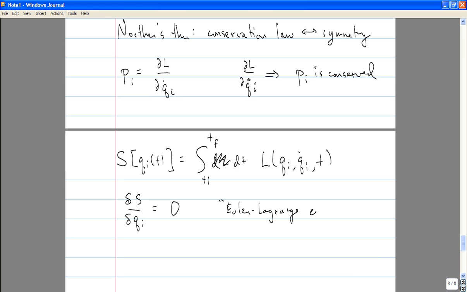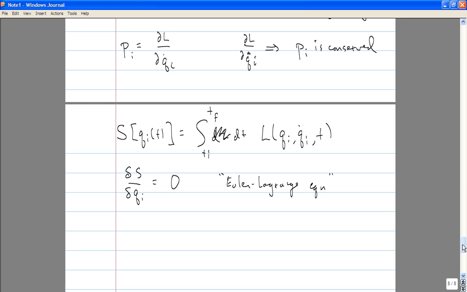So that, for example, a mechanical system will go through the path in configuration space which minimizes the action as a function over all possible paths. And this was known as the least action principle, or Hamilton's principle.